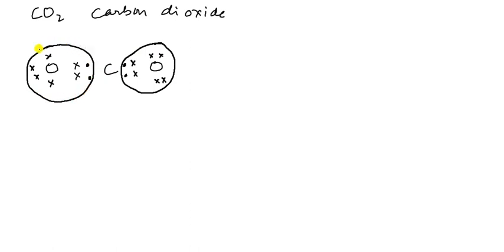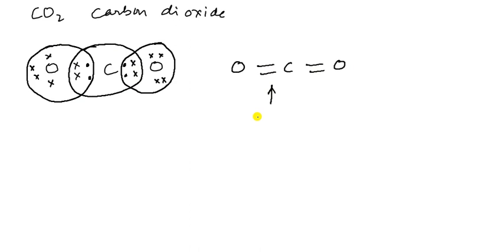1, 2, 3, 4 and 5, 6. And what about carbon? Carbon has only 4 electrons, so you can write here it is 4 electrons, and they share like this, and also in this they share like this, and they complete their octet.